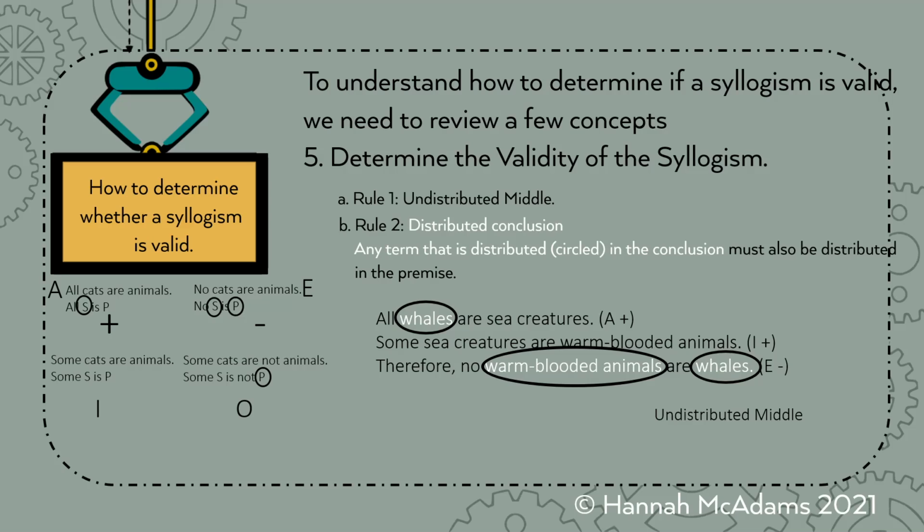Yeah, so the whales is fine, but the warm-blooded animals in the minor premise, where it says some sea creatures are warm-blooded animals, is not circled. So that is breaking a rule as well. Okay, so it is called the illicit, but look at this. It's the warm-blooded animals that we're worried about, which is in the subject, which means it's an illicit minor because it's the minor term.